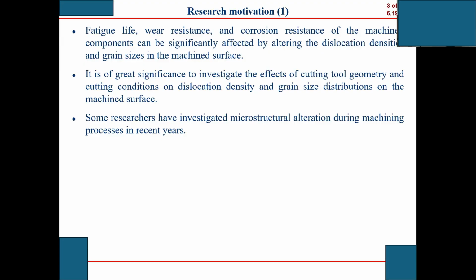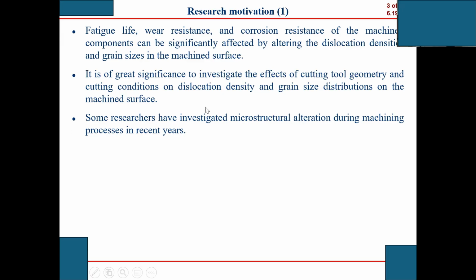Heat affected zone means that because of the heat, the microstructure in that area has been altered. Usually this alteration is bad. So we want to investigate how the cutting tool geometry and the cutting conditions, that means for our case the cutting speed, the depth of cut, and the feed rate, these three independent variables, can change the dislocation density and grain size distribution.